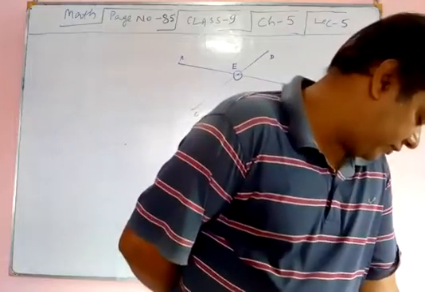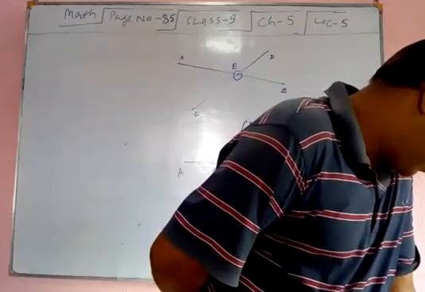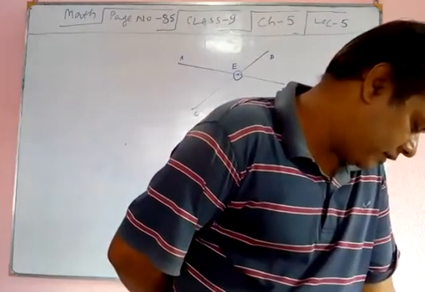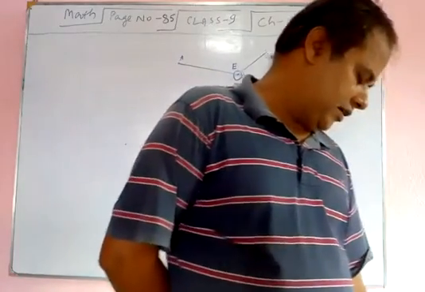One of them is Playfair's axiom, given by a Scottish mathematician John Playfair in 1729.